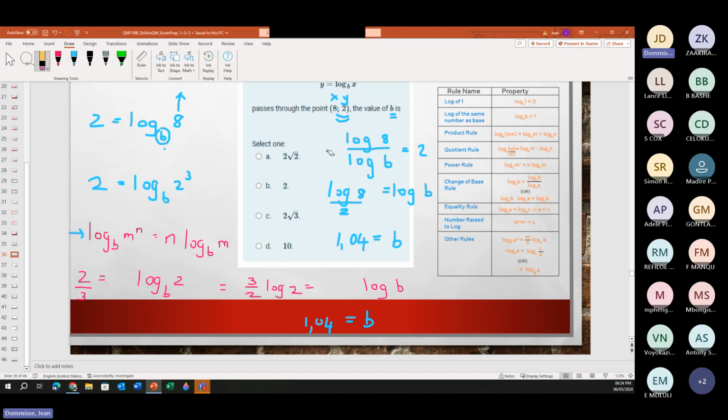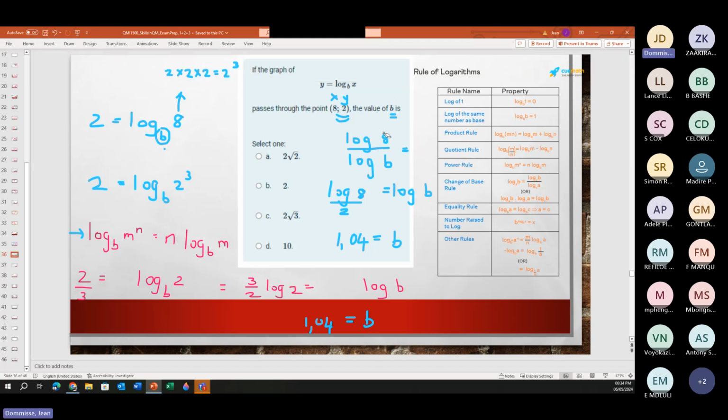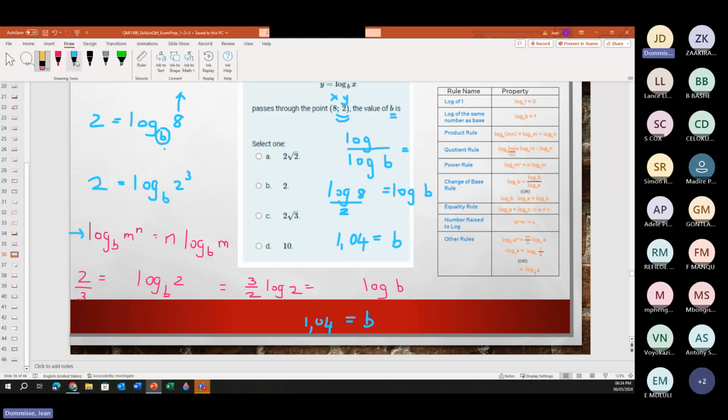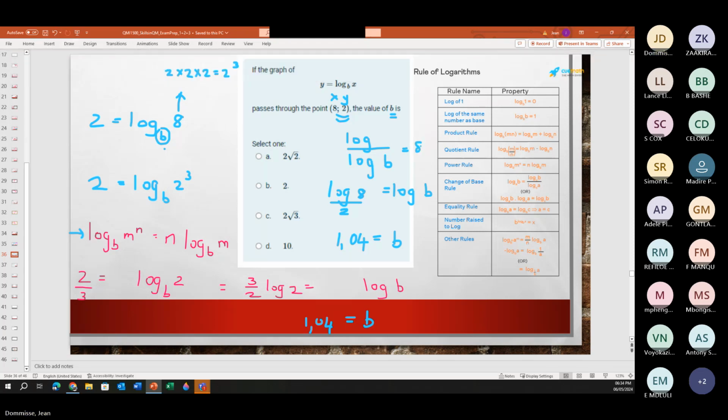Because, okay, so if we work it out with what they give us, B must be equal to 1 comma 04, and nothing of that is 1 comma 04. So let's say that was 8, that was 2. So log 4 will be equal to log, okay, so that will also not work because that is now even becoming smaller.